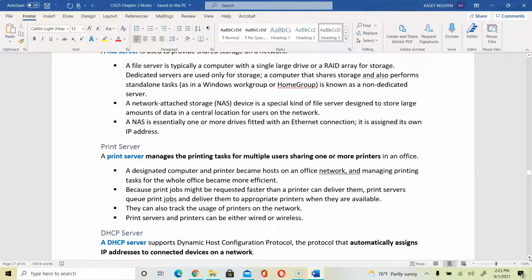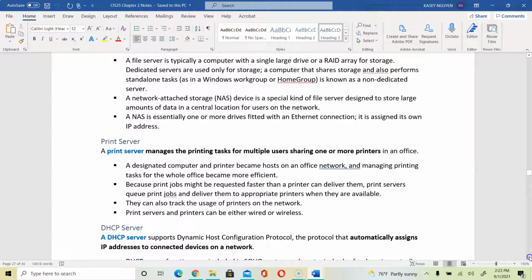You can use a regular computer system instead of a server system to manage print. That system would then have a static IP address. It would have the proper software to be able to manage the print jobs, queue, and so on. Or it could also be an advanced system like a server system with a server operating system. So it really depends on the scale of the network.